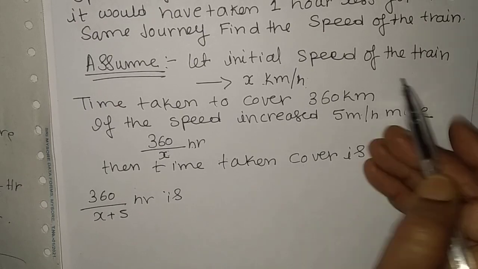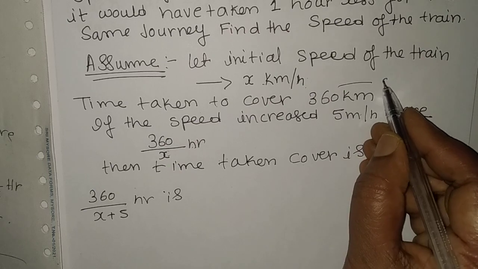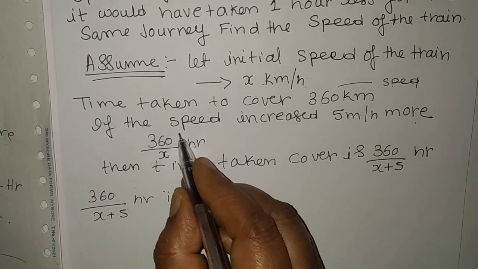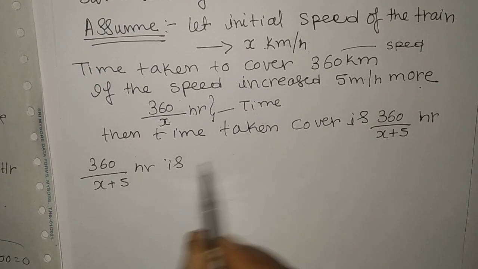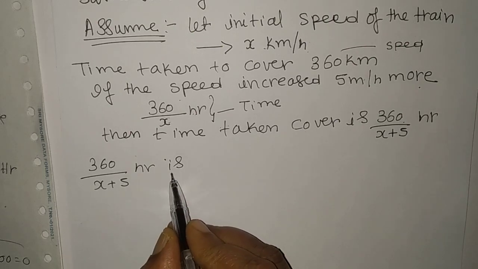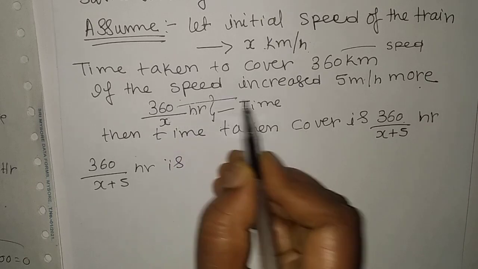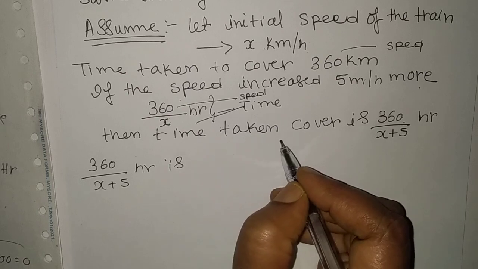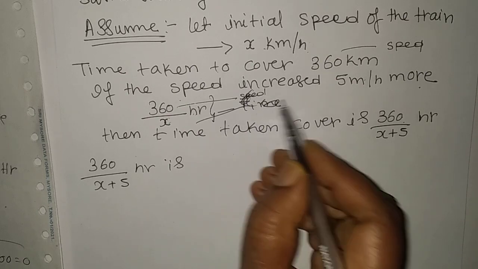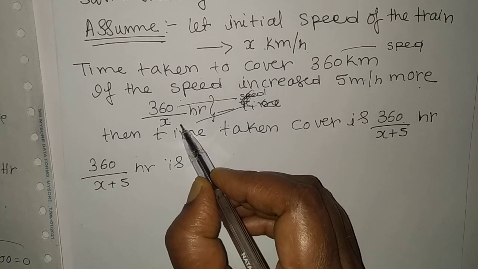This is the uniform speed and the whole thing is the time. x is the speed here, and 360 kilometers is the distance.